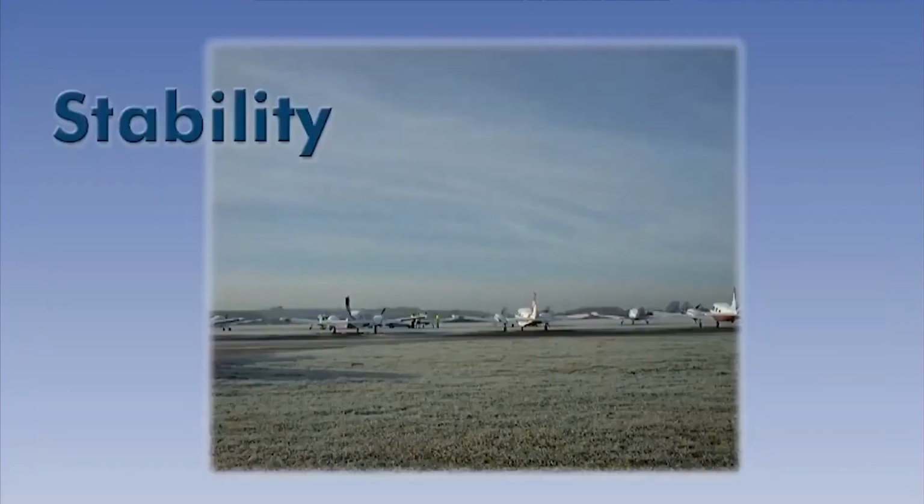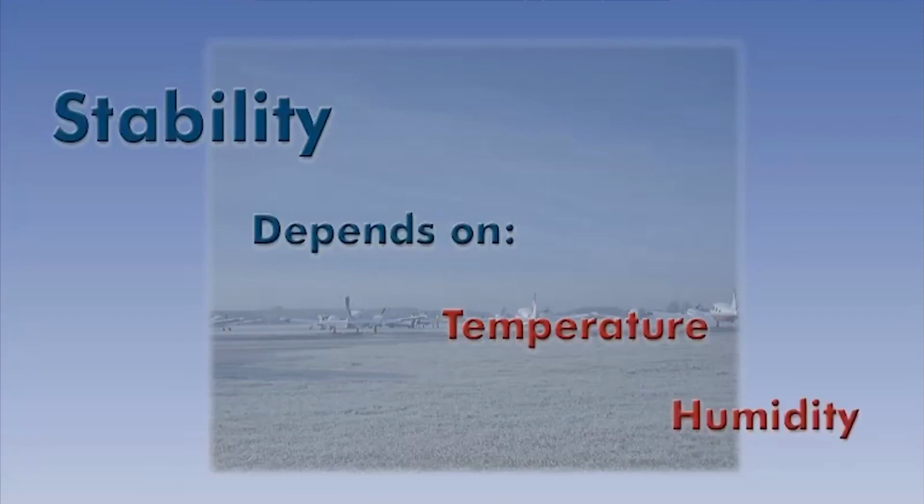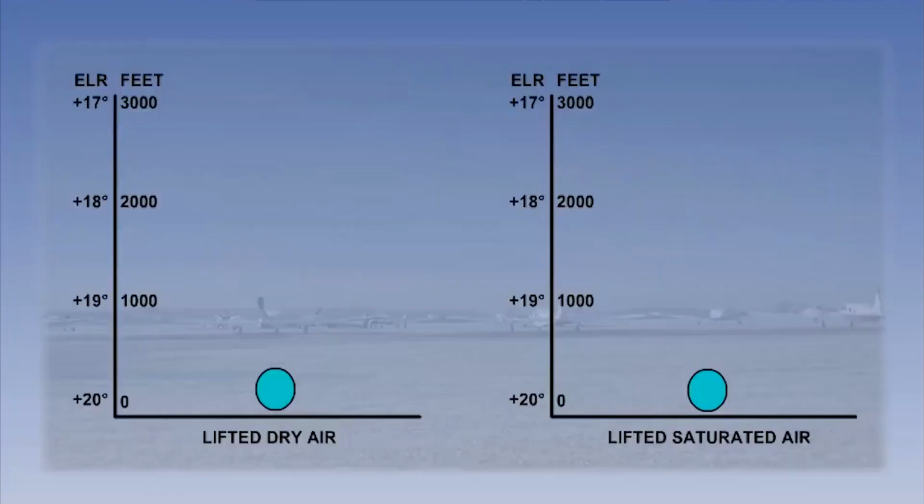Now we're going to look at the issue of stability. The stability of air depends upon two things: its temperature and moisture content, or humidity. Air is stable if it returns to its original level after being given an initial movement upwards.